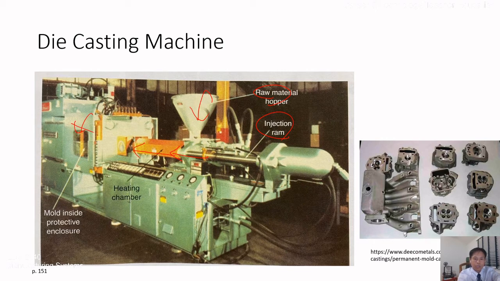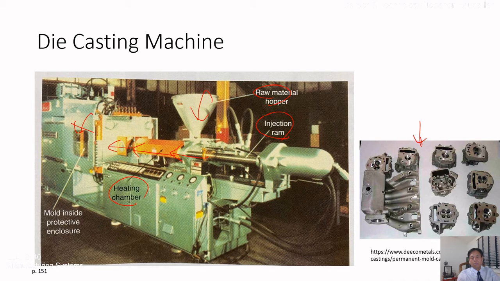We push with a high heat chamber, and the heating chamber melts the plastic compounds. Then the compounds go inside and create the shape of the final object. So this is the example of die casting.